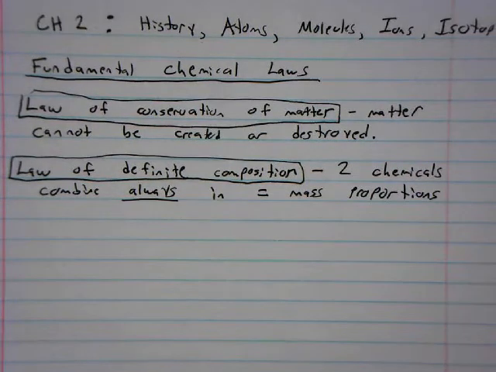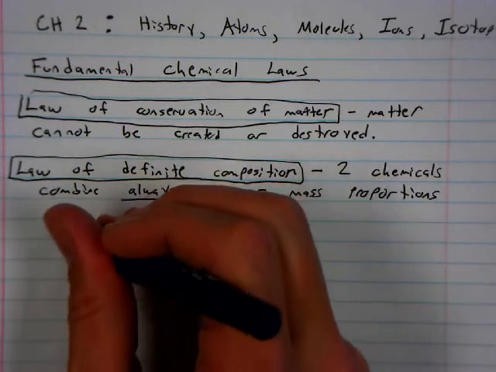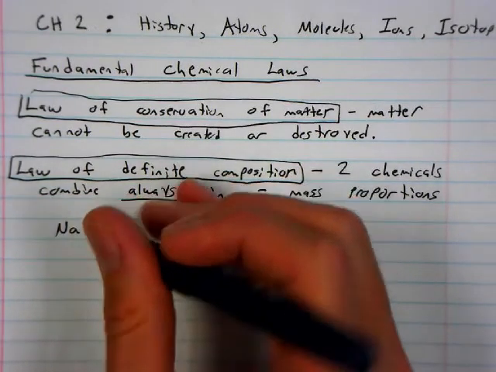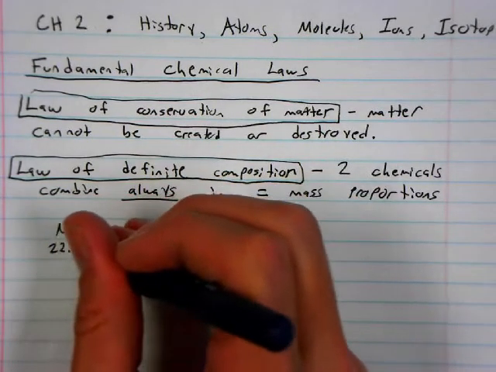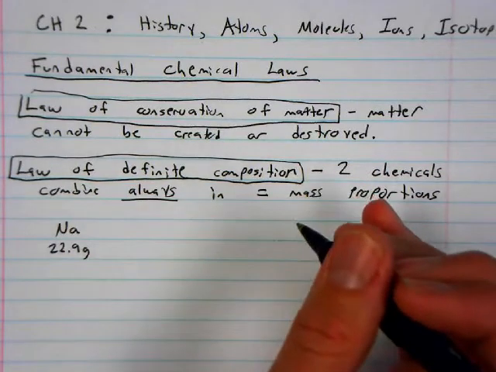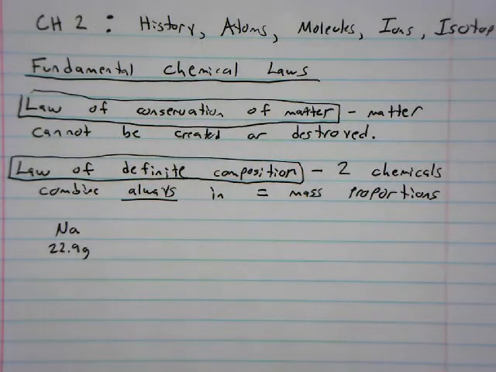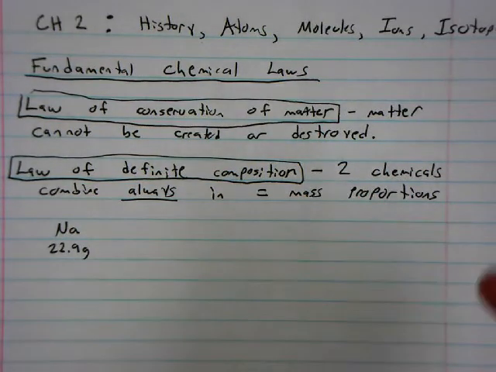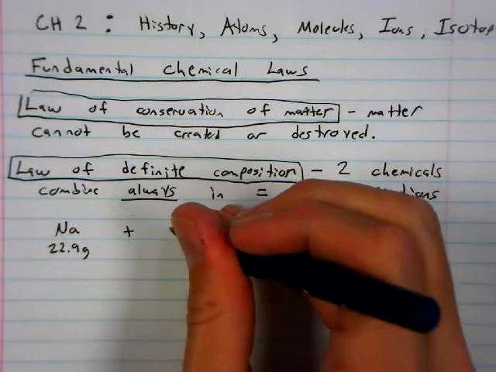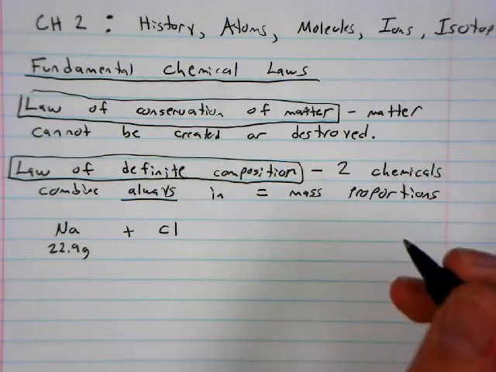What do I mean by that? Well, this means if I take sodium, which if you look at the periodic table is 22.9 grams in 1 mole of sodium. So the molar mass in the periodic table is the same as the number of grams in a mole. And I add chlorine to it.